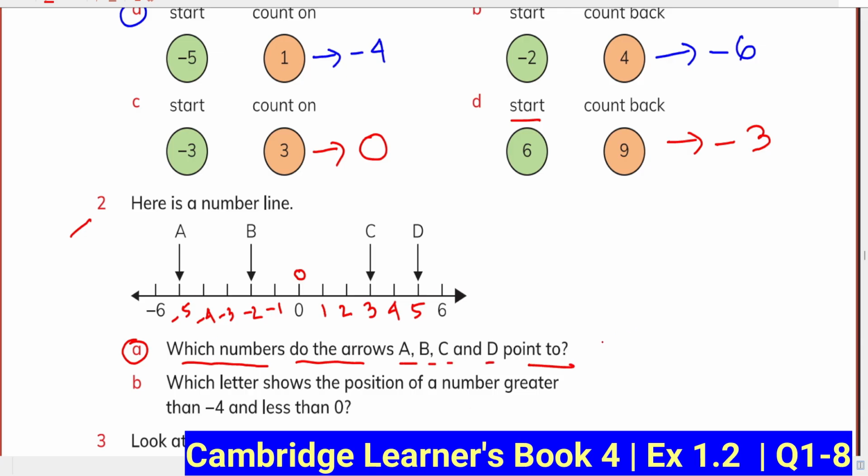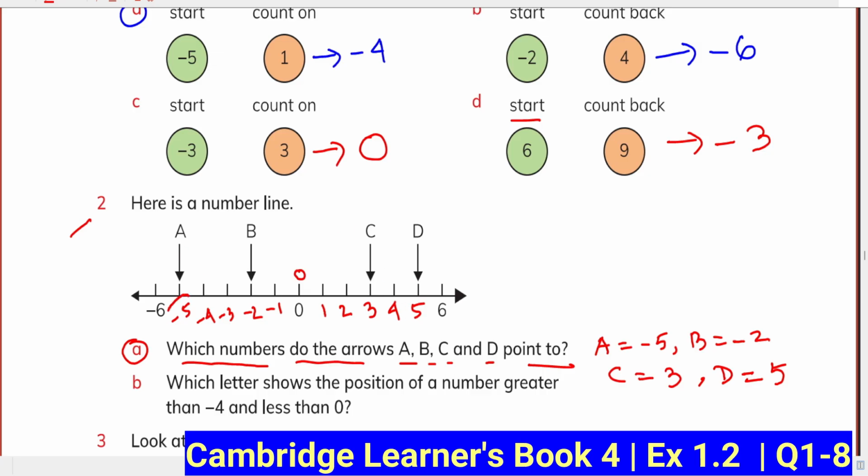A equals -5. B equals -2. C equals 3. And finally, D denotes 5. Right? Very simple.